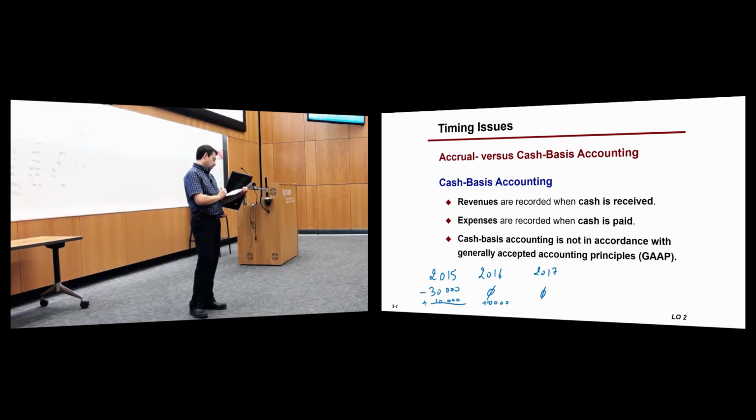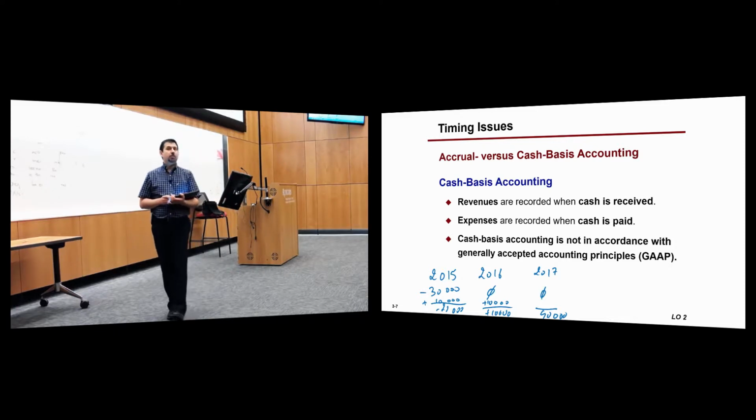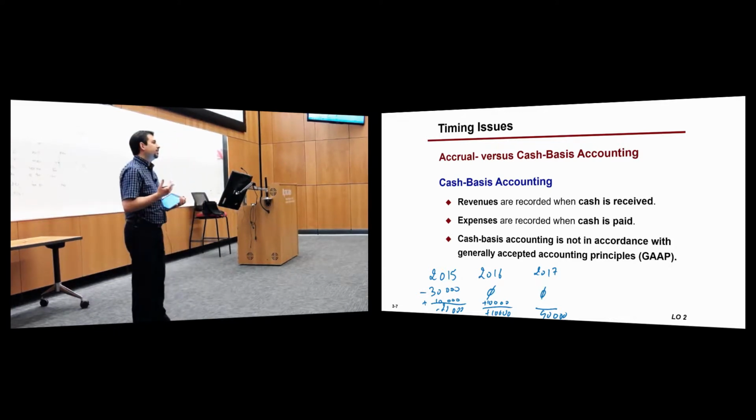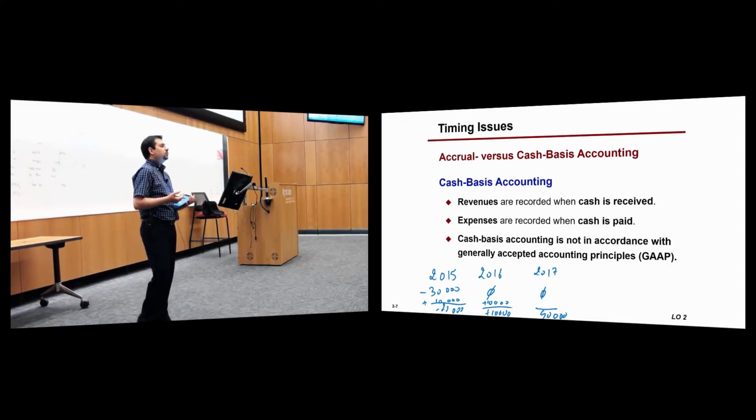Here we had minus 20, here we had plus 10, so it increased by $30,000. You expect it to increase by $30,000 again, so you expect $40,000 net income. But is this normal? Does this make sense? Is it true? That's not true. That's misleading.